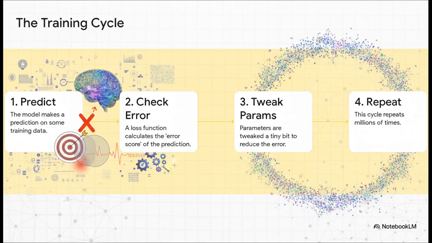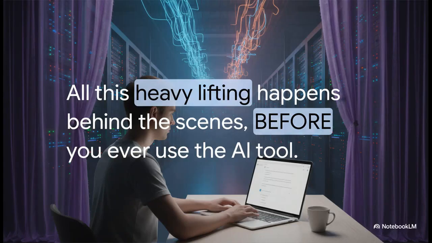Now, imagine doing that millions or even billions of times. That's training. And it's so important to remember this. All of this intense, computational heavy lifting, it all happens behind the scenes, way before you ever get to use the AI tool. So when you type a prompt, you're interacting with the finished product, not the student who's still stuck in the classroom cramming for the test.